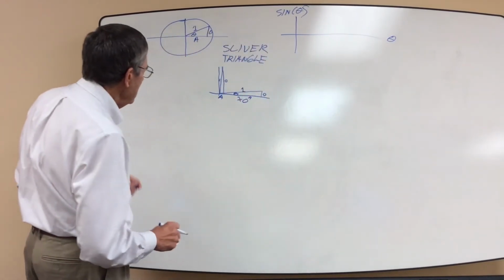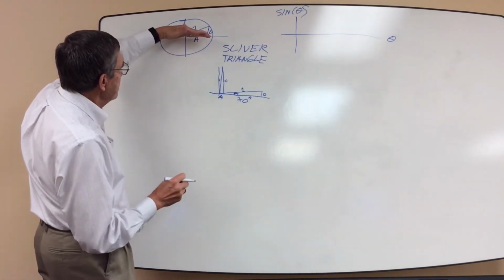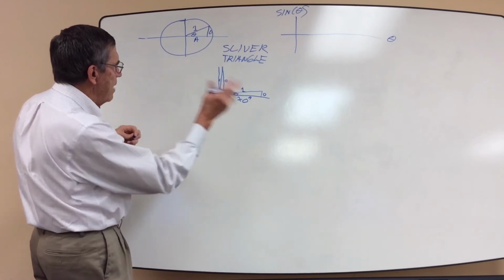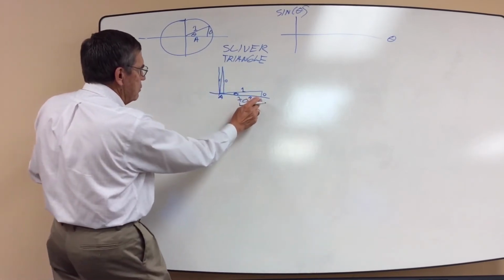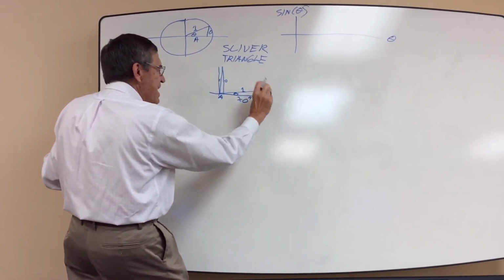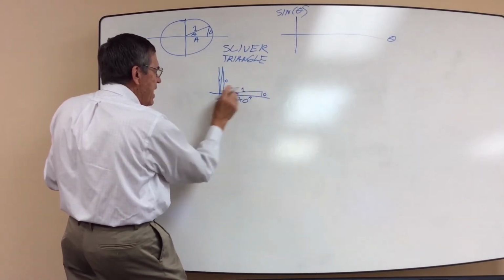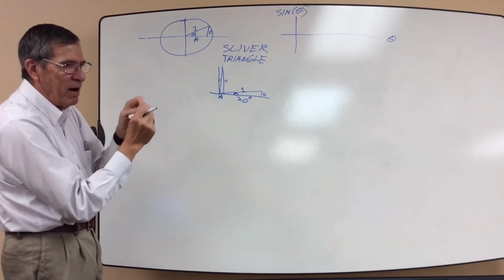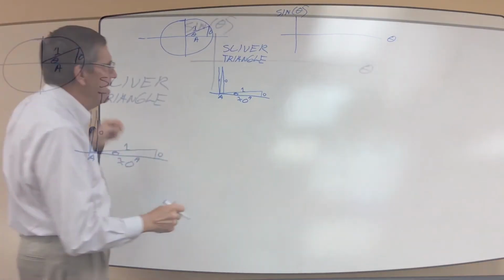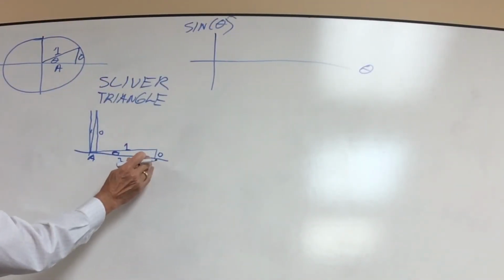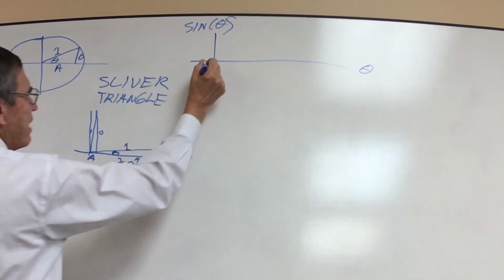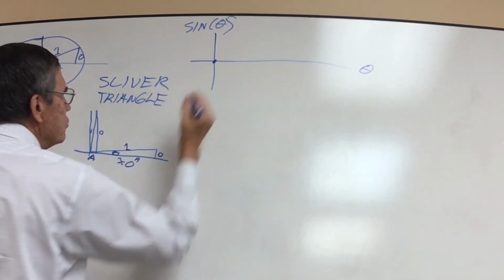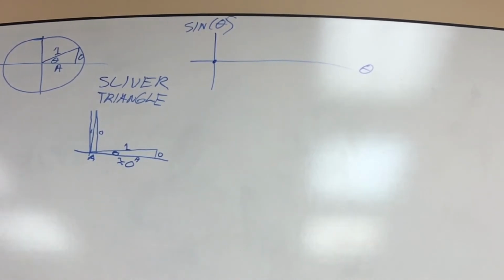When I'm just starting, and I'm thinking sine is opposite over hypotenuse, I look at this little sliver: the opposite side is very, very tiny, and the hypotenuse is still 1. So a tiny number divided by 1 is a very tiny number. As I get all the way down to the x-axis, that collapses to 0. That reminds me that the sine must go through the origin.